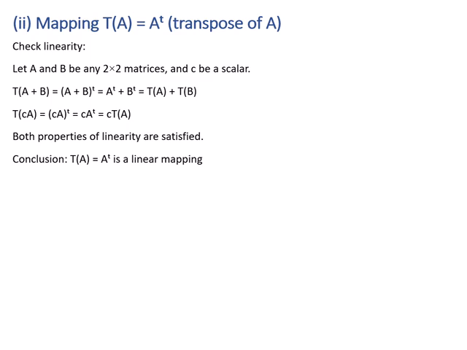The determinant of A plus B is equal to the determinant of A plus B transpose, which is also the same thing as A transpose plus B transpose, which is determinant of A plus determinant of B. Then the second aspect, you can check this one out using those values that you have here.